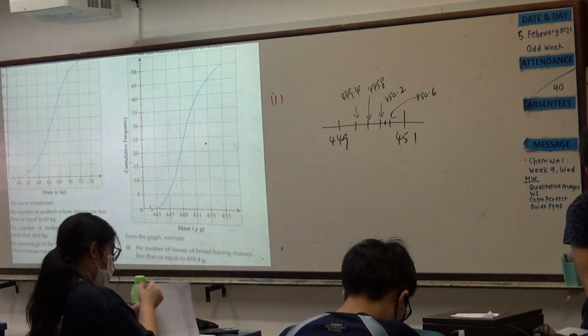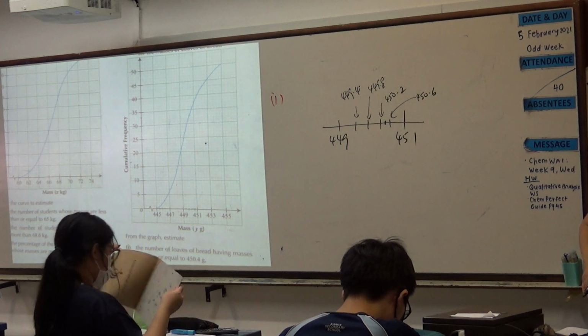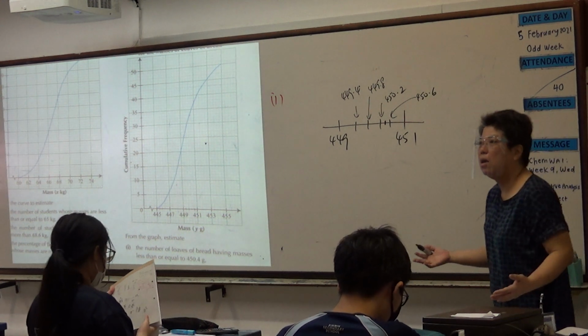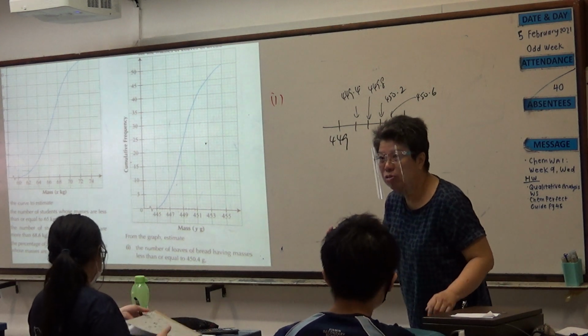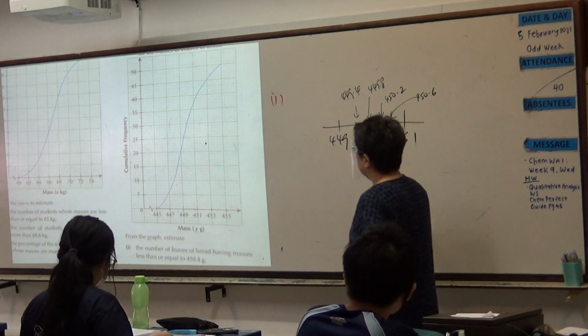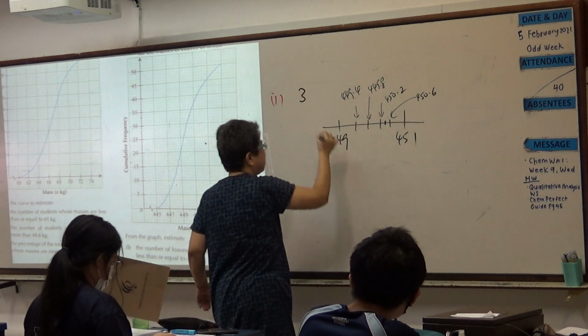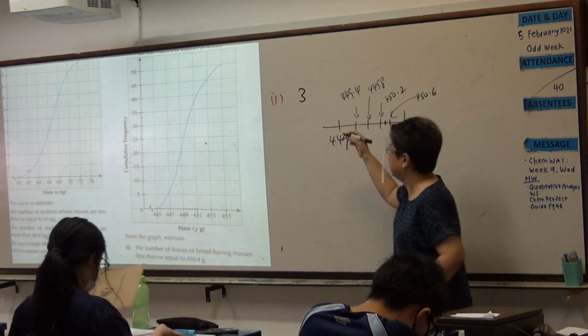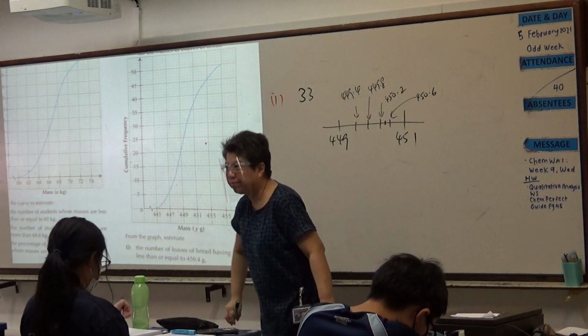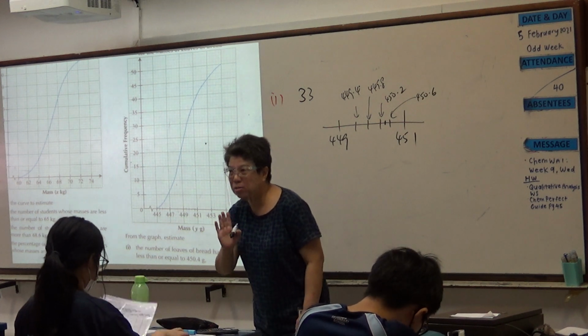Alright, so that's how you see. Alright, what's the number? 33. Do you get 33? Okay, good. So part 1, the answer is 33, right? Everybody okay? So you must know how to read your scale.